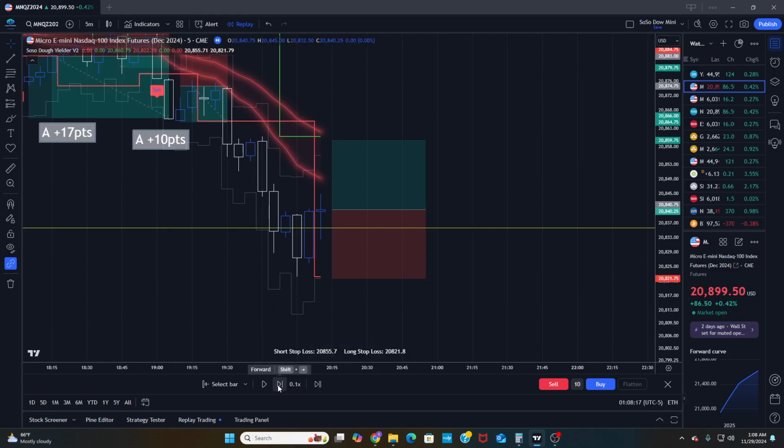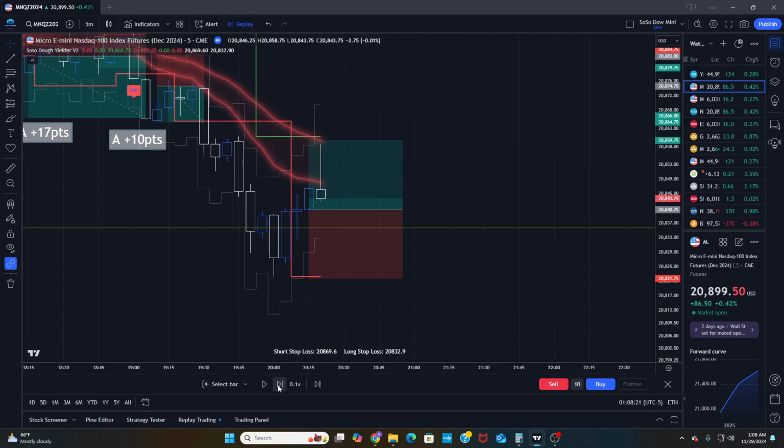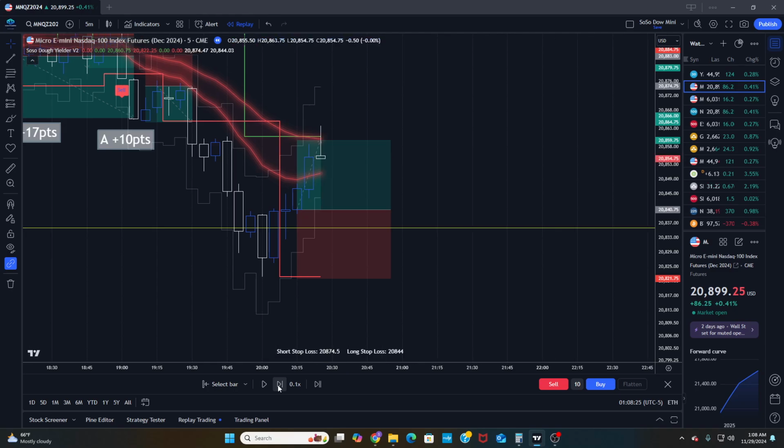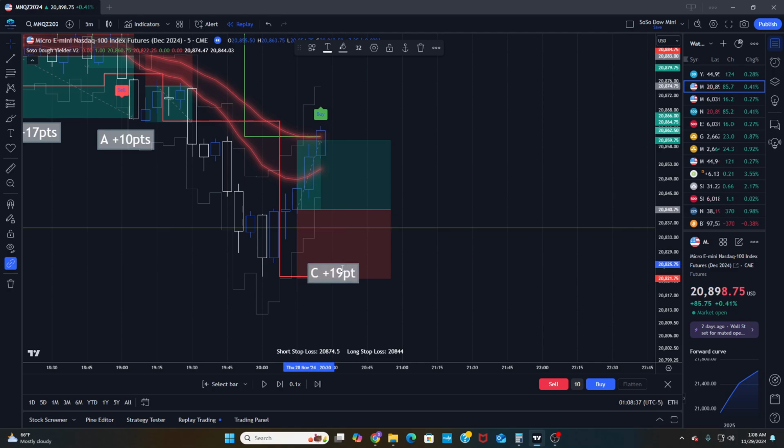Let's progress the candles. All right, so we got entered there. And there we go. So that's actually a C trade. So we've got an example for all the different types of trades here. C plus 19 points.